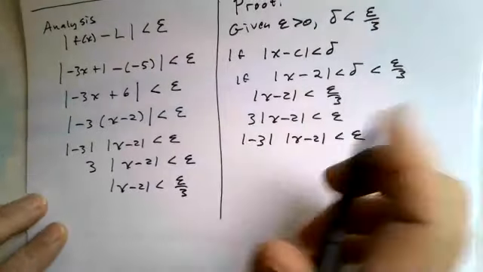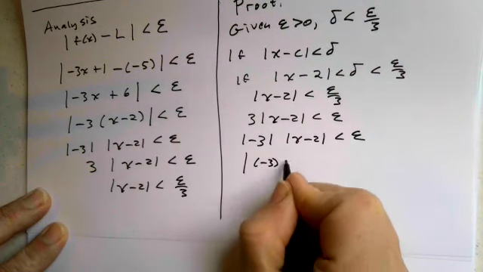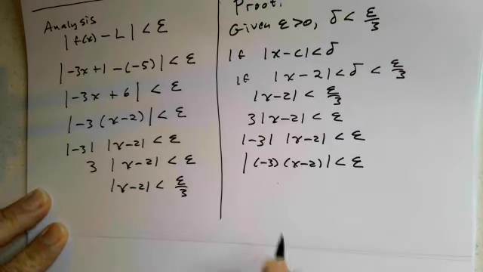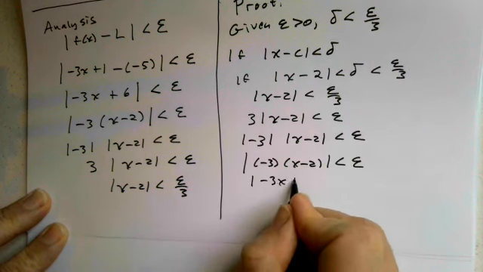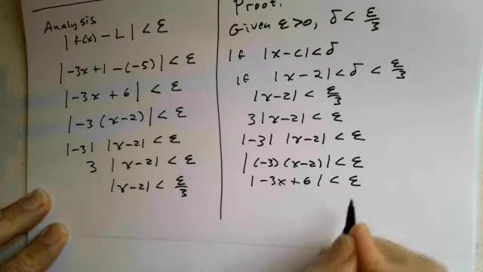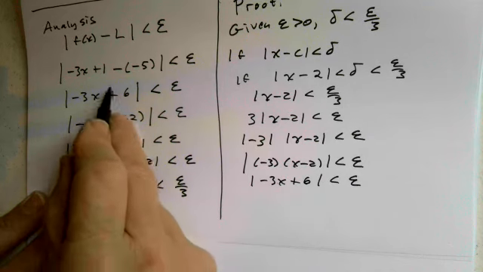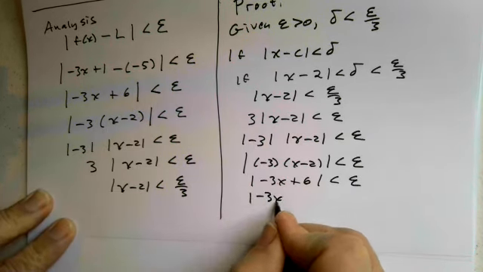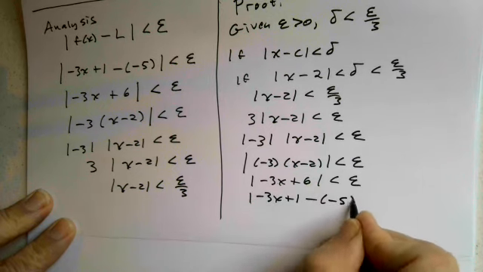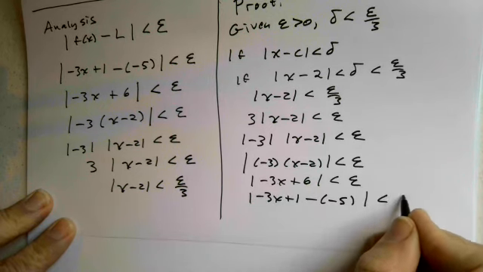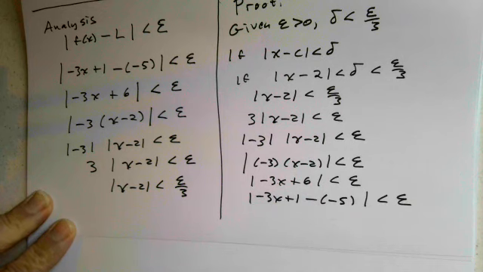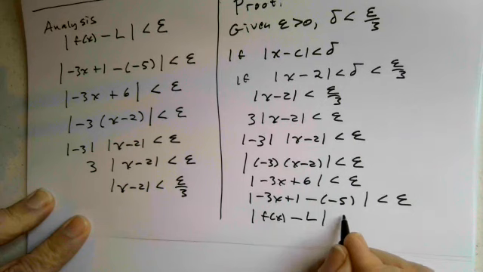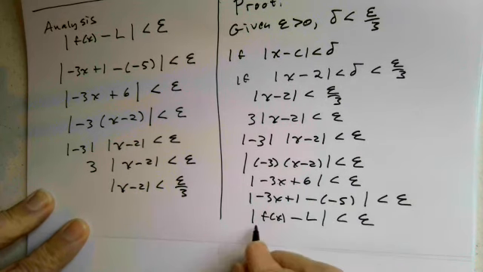Then I can put that negative 3 into negative 3 times x minus 2 is less than epsilon, which is absolute negative 3x plus 6 is less than epsilon. And then we just keep going up, which is absolute negative 3x plus 1 minus negative 5. The negative signs here do make this more challenging, is less than epsilon. And then it takes me up to the top, which is absolute f of x minus L is less than epsilon, and this completes the proof.